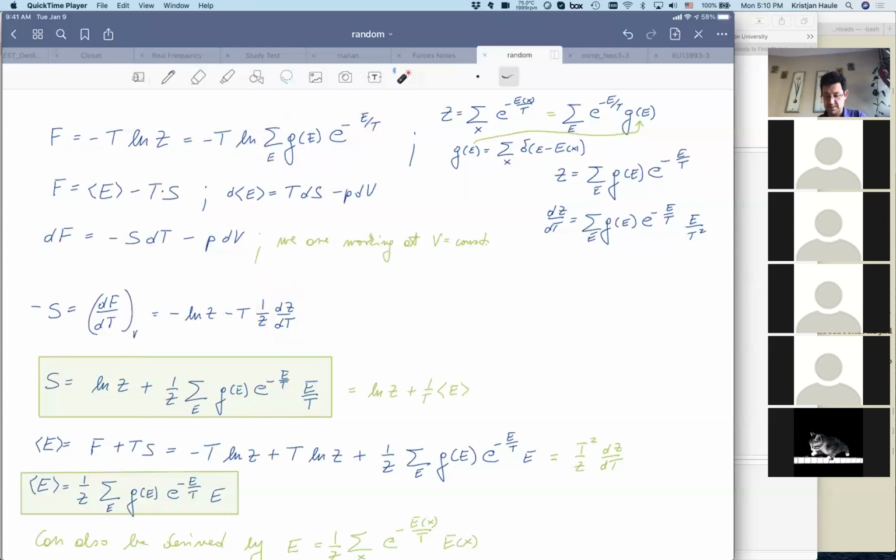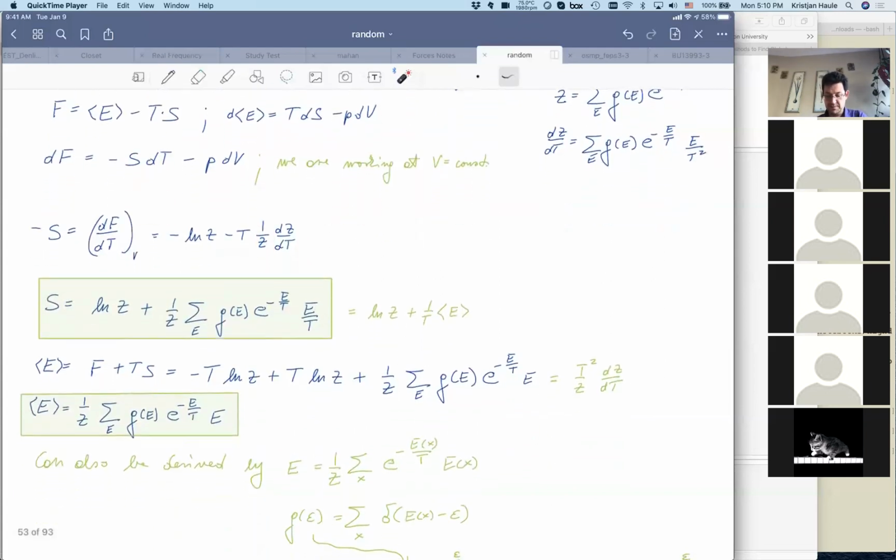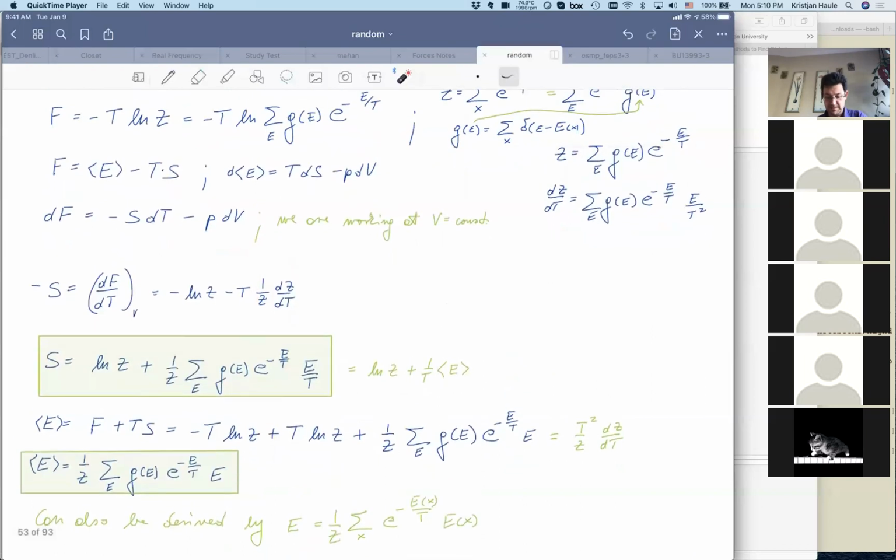Okay, so we just arrived at the equation that entropy is log Z plus 1 over Z times dZ over dT, which is the derivative of this thing with respect to T. And this is very easy to do.